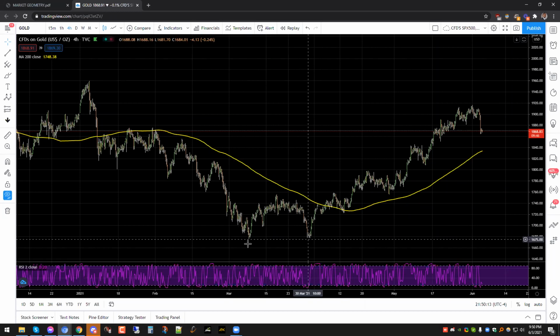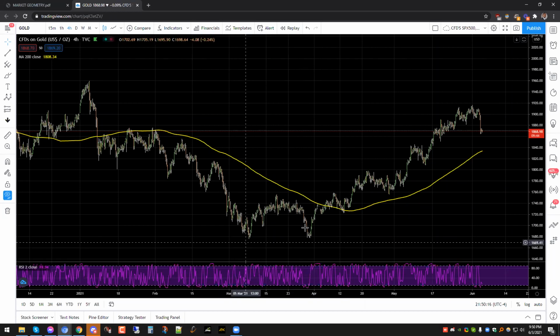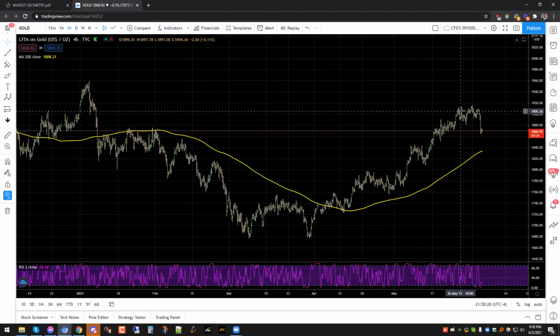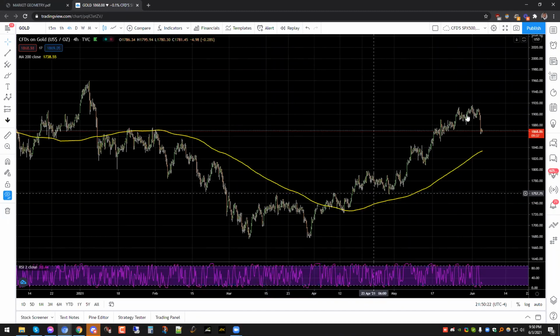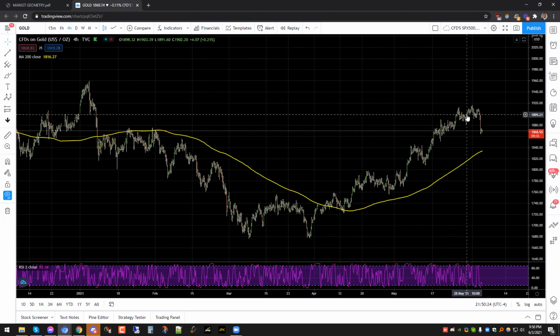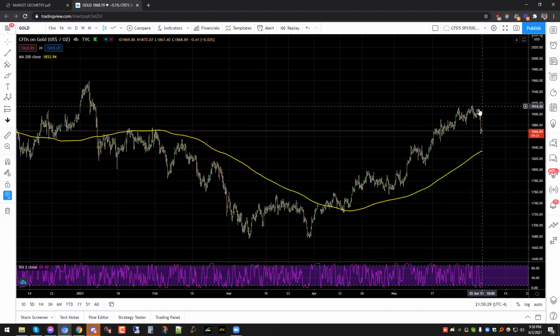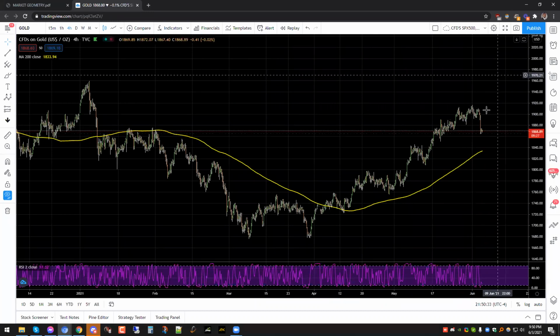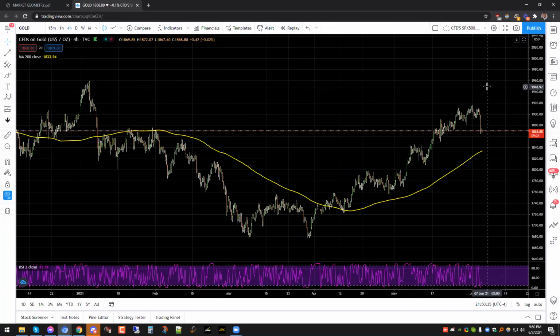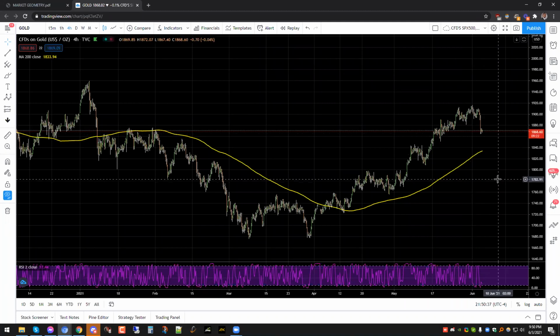So this is possibly a flat, or this could just be one, this is two, and this is our wave three that we're building. As you know, wave three is typically the longest wave. So if this is wave three to the upside, we will expect a wave four and a wave five to complete this move to the upside before we see a bigger correction down.